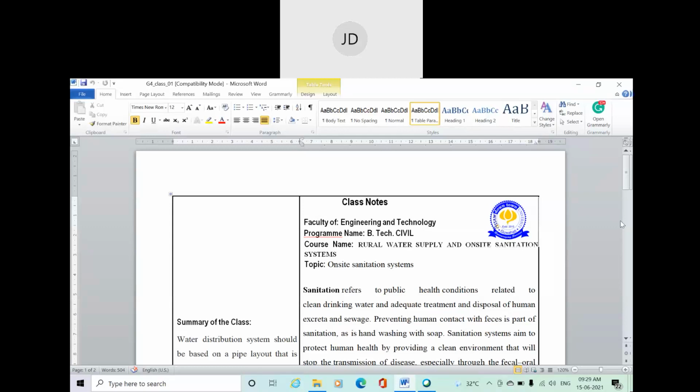So we're going to start with the very basic, general definition of sanitation.